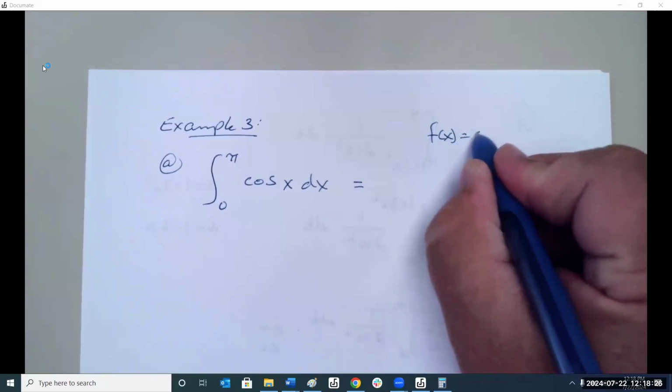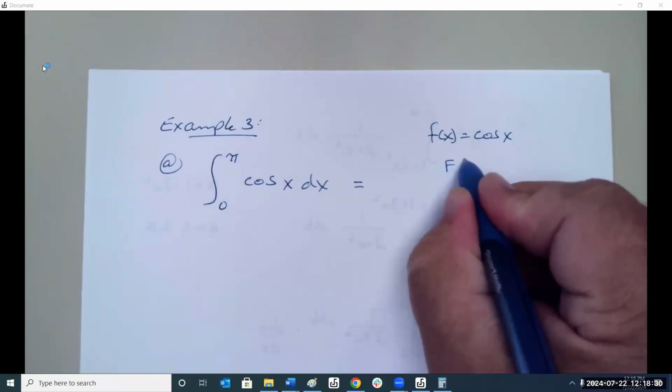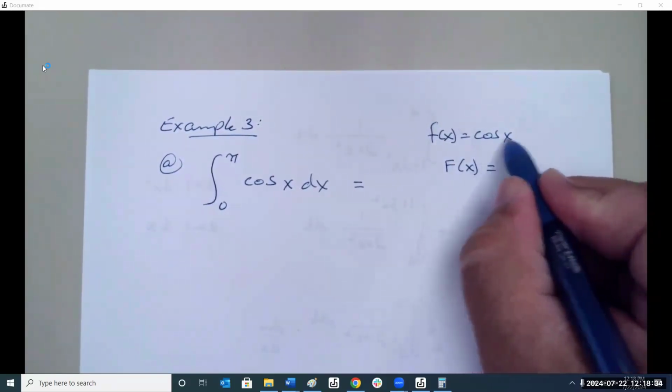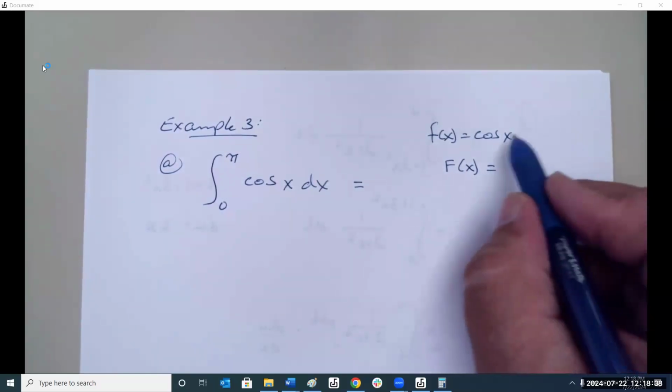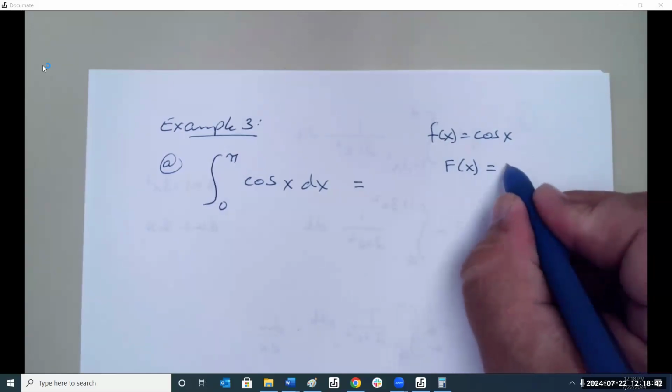So f of x is cosine. We have to look at if this is our first derivative, where did it come from? If the first derivative is cosine, where would it come from? Sine x.